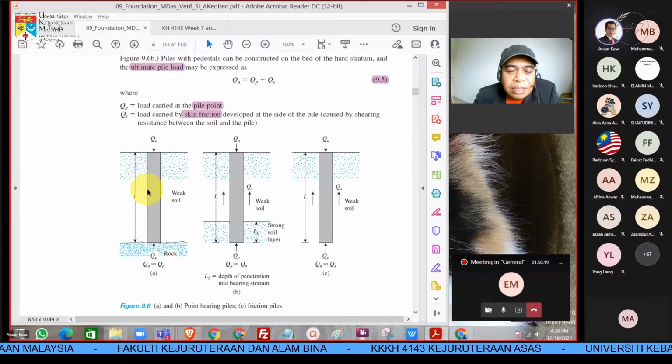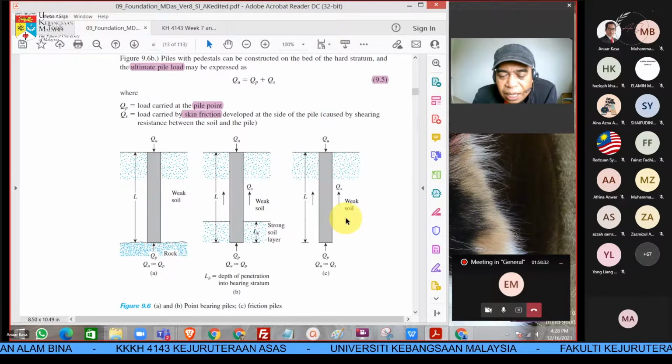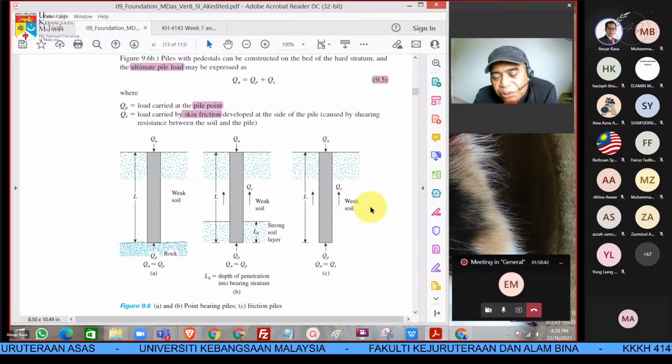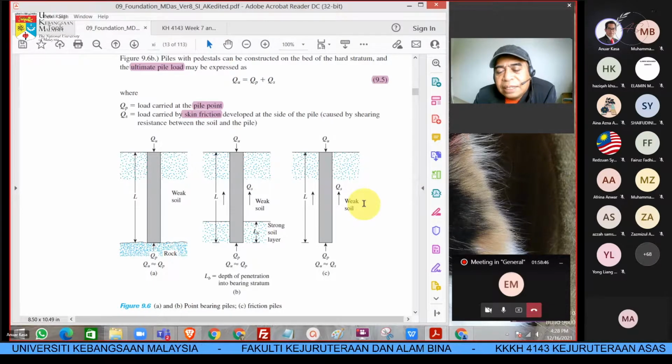In this case, we can assume skin friction is not large enough, it's a little contribution. And for case C here, since there is no strong soil layer and there is no rock, we need to depend on the skin friction only, because the area at the tip here is not large, so we can say QP contributes very little.